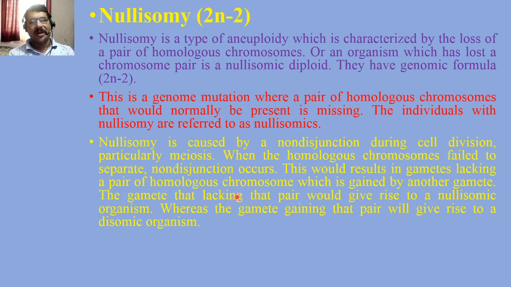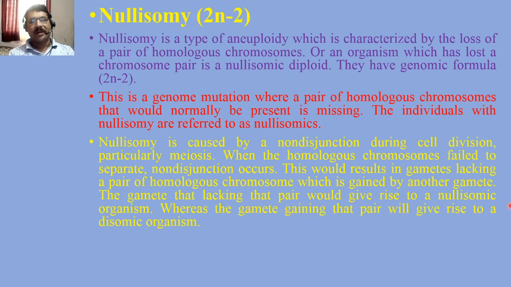So non-disjunction is a process in which the homologous chromosomes fail to separate, and in this condition, out of 2 gametes one will get one extra pair of chromosomes, which is known as disomic, and in one gamete one pair of chromosomes is lost.